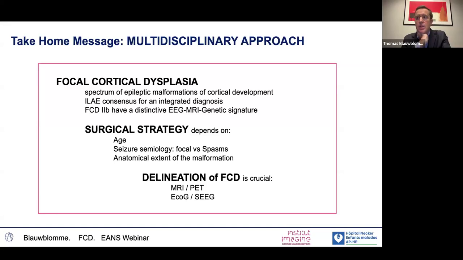I don't see many differential diagnoses, actually. There are a couple of gangliogliomas that behave a bit the same on MRI. But clearly, when you have this blurring, the differential diagnosis will be non-specific histology.